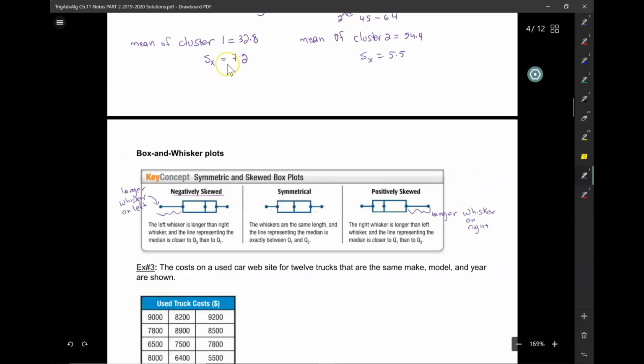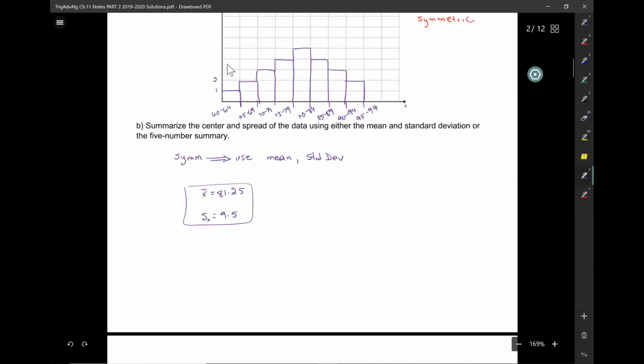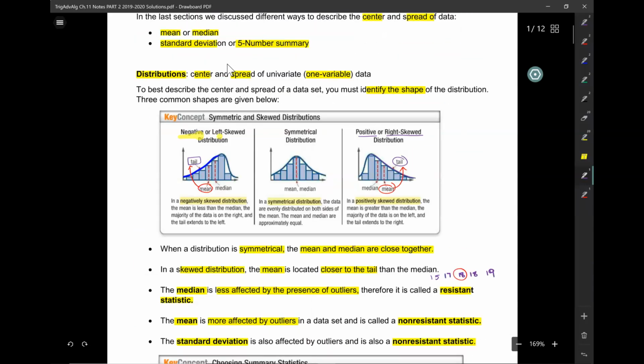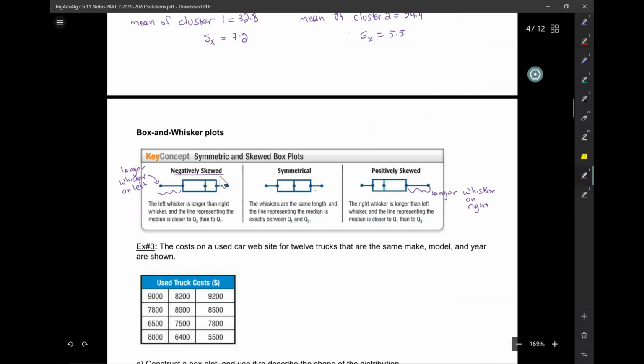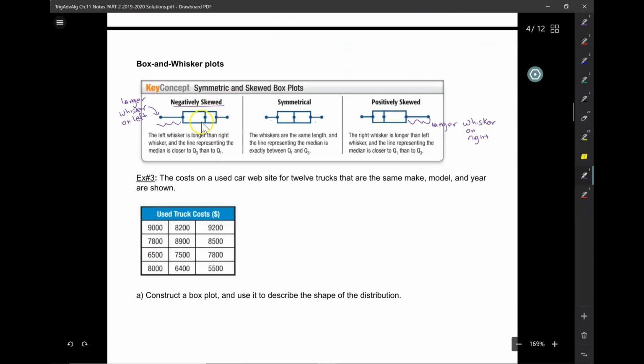Okay. All right. Now, do you remember what we talked about here? We said when you have a negatively skewed distribution, the mean is closer to the tail and the median is farther. Do you remember that? The median was farther than the tail. And look here, it's the same exact situation.